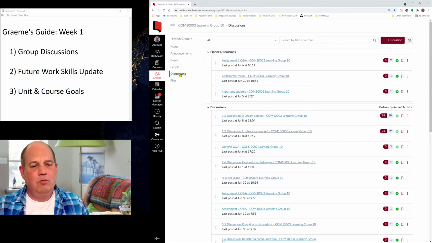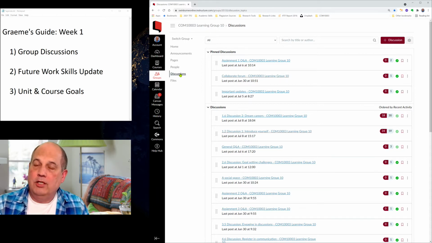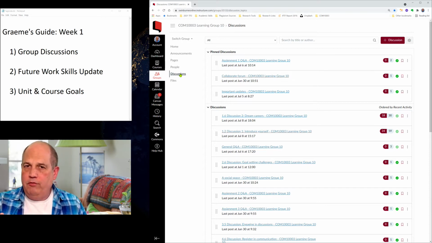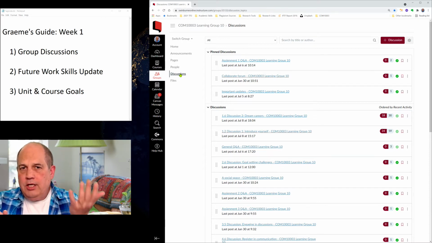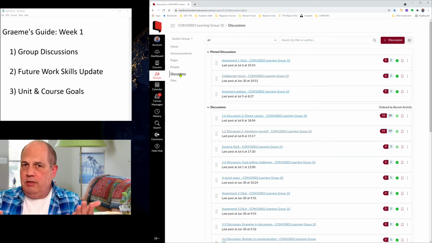Social constructivism is a type of learning, and it's when you construct knowledge. What that means is you already have knowledge, and we provide you with, say, the readings, say the future work skills reading. Well, when you're getting that new knowledge from the future work skills reading, think about how that relates to your previous experiences.